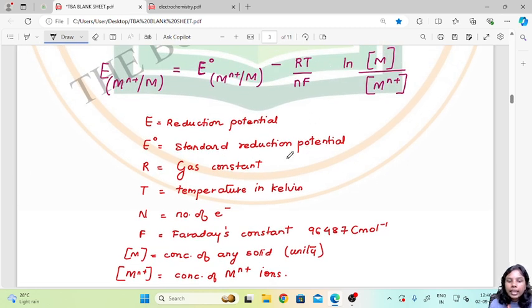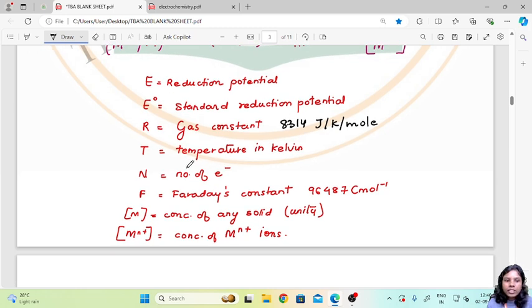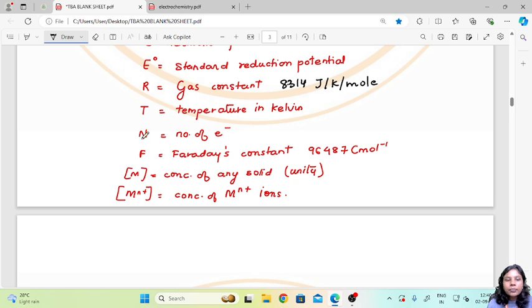R we know is the gas constant, that is 8.314 joule per Kelvin per mole. Then we have the temperature in Kelvins. n is the number of electrons, that is, if you are giving 2 electrons or receiving 2 electrons. Only the give and take of electrons happening is considered. F we know is the Faraday's constant, that is 96487 coulombs per mole.